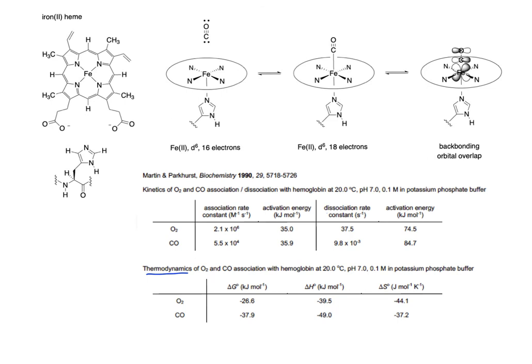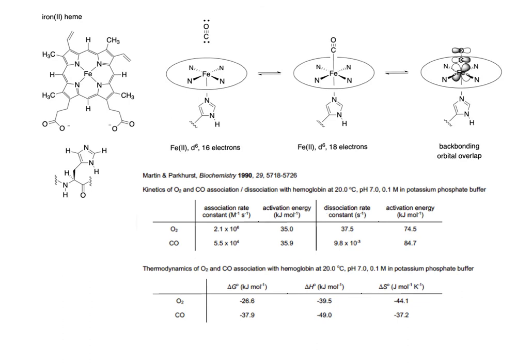But with carbon monoxide, the association is much more exergonic than for dioxygen association with hemoglobin. And carbon monoxide association is also more exothermic.